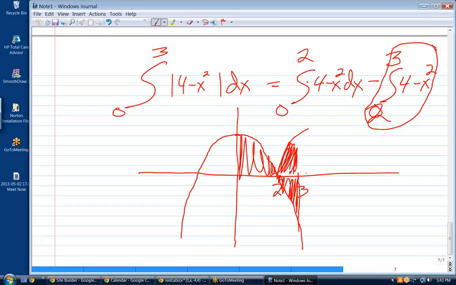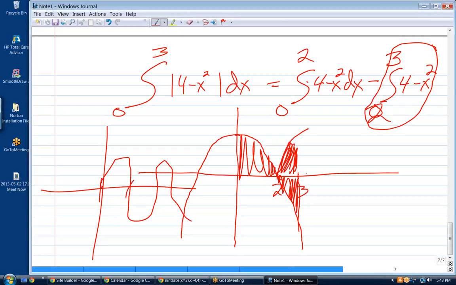But when you have to do absolute values by hand, you want to go from point to point wherever it's positive and negative. In other words, if I wanted to do the absolute value of the sine function, I go from here to here, and then I would add the negative of that.